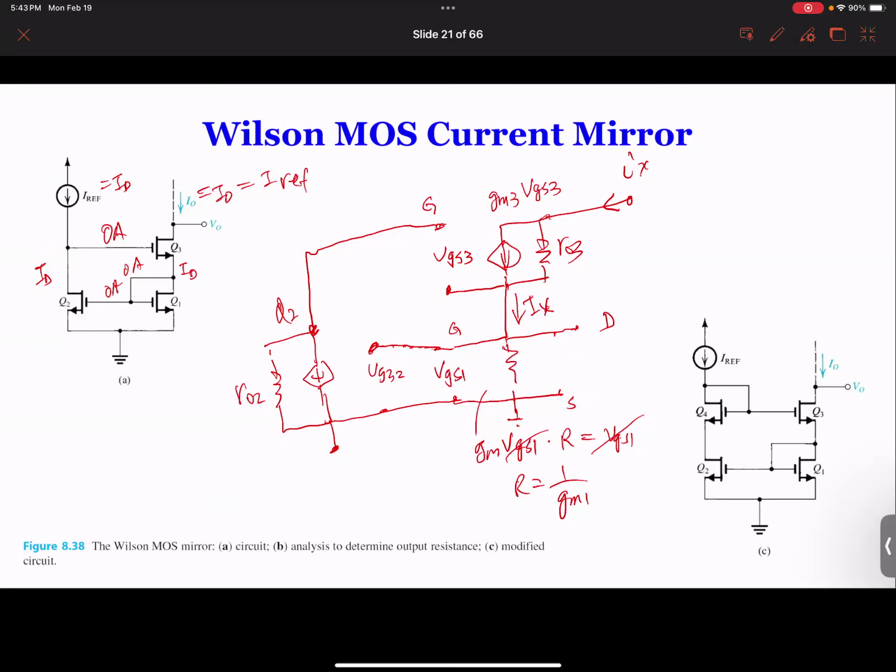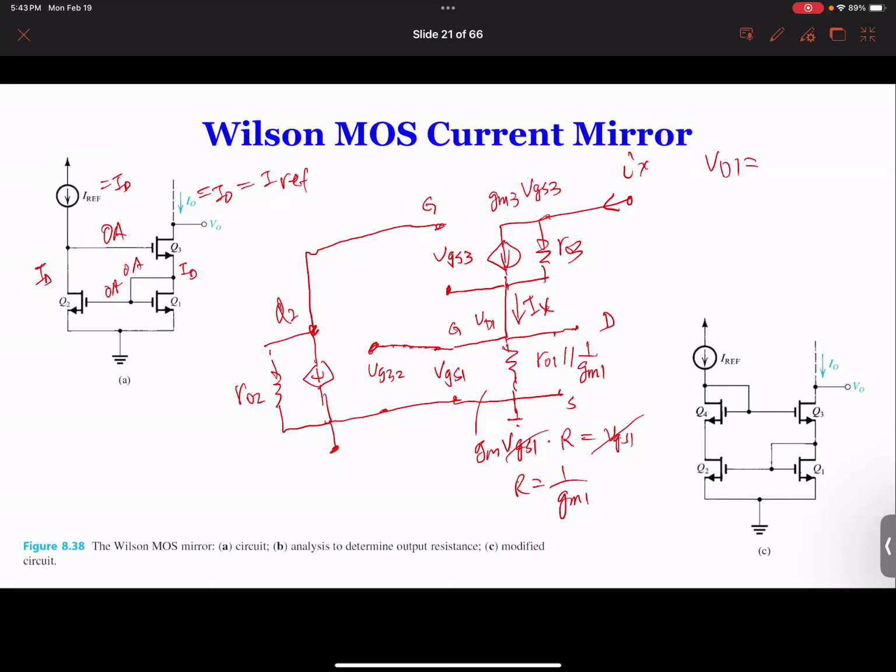So this resistor is RO1 in parallel with 1 over GM1. So this Ix flowing down, you see the two ends are just cables, there's no current. So everything goes down. So we get the voltage over here. Let's call it VD1. So how much is VD1?